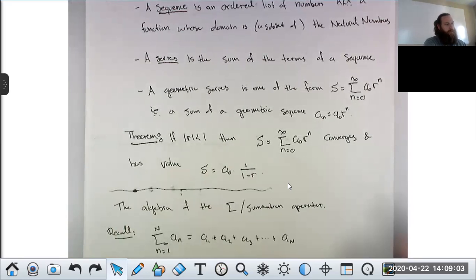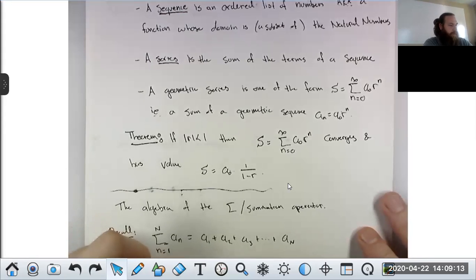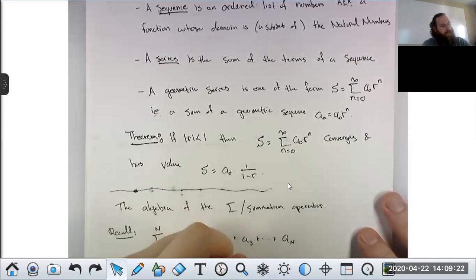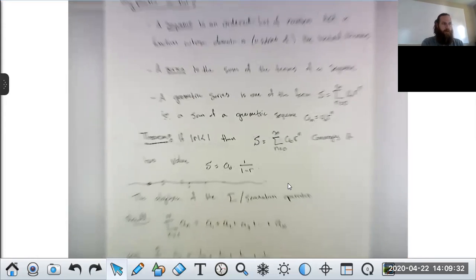And some examples we saw, like the sum from n equals 2 to 5 of 1 over n squared would be 1 over 2 squared plus 1 over 3 squared plus 1 over 4 squared plus 1 over 5 squared. So you just take this thing, sorry.